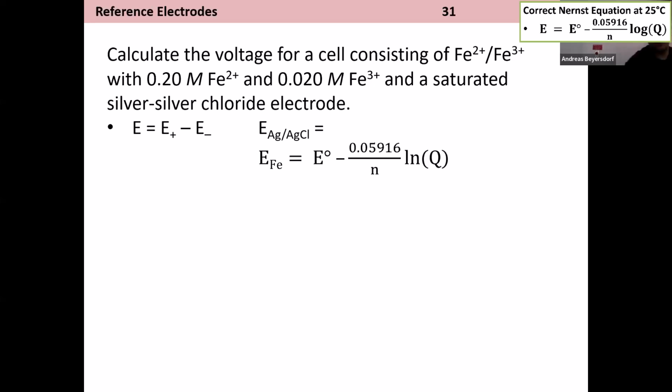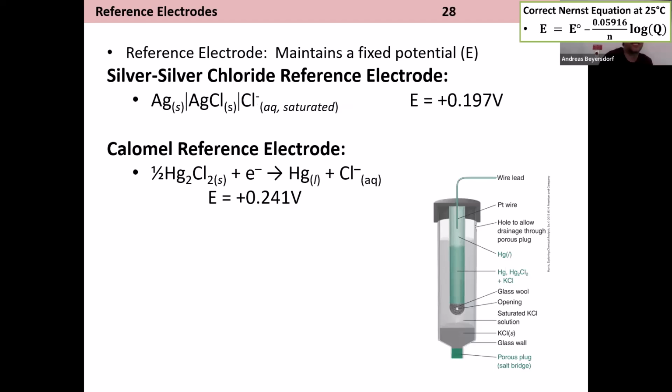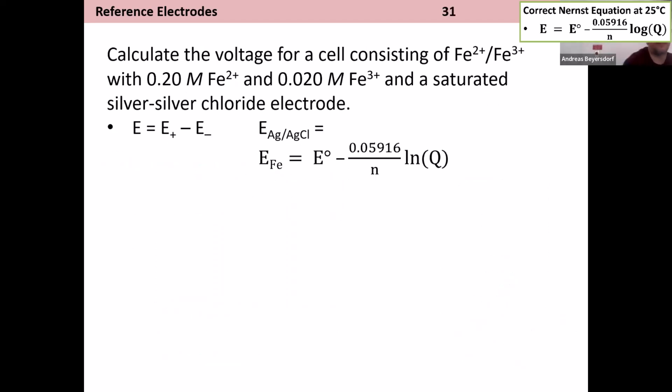This is going to be constant. Why? Because it's always 0.197, because it's saturated. But now we need to figure it out for the iron.